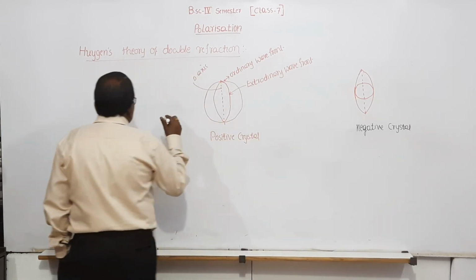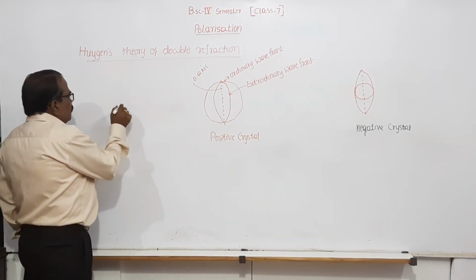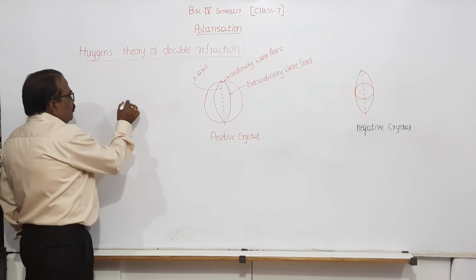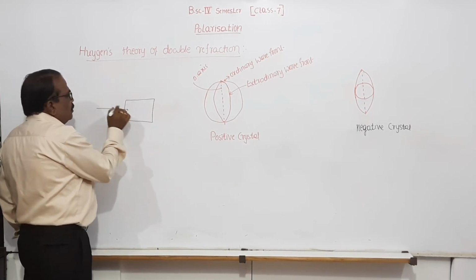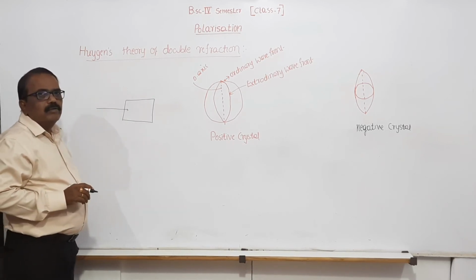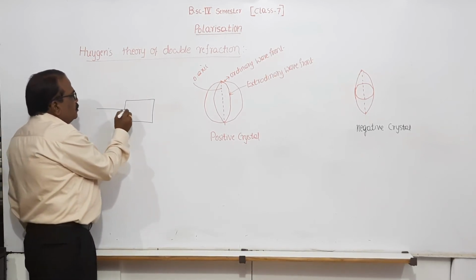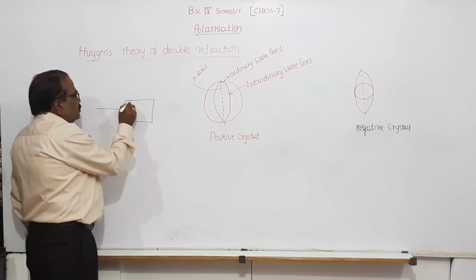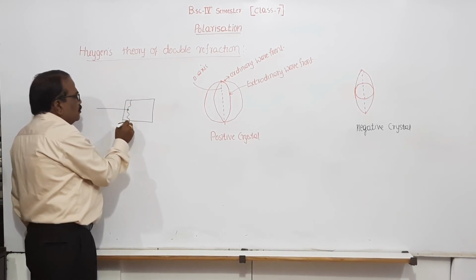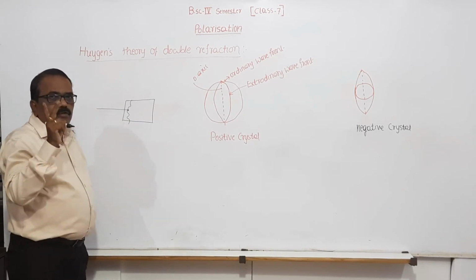According to Huygens' theory, when a wavefront is incident on the doubly refracting crystal, each point in the crystal acts as the source of two wavefronts.